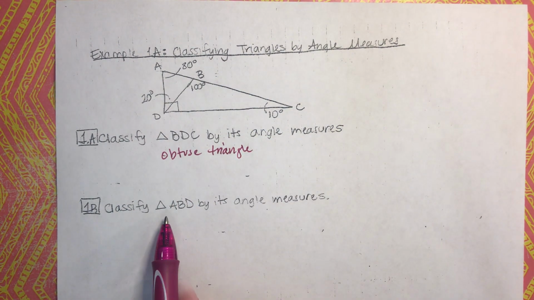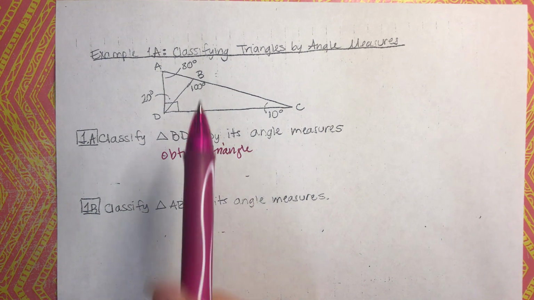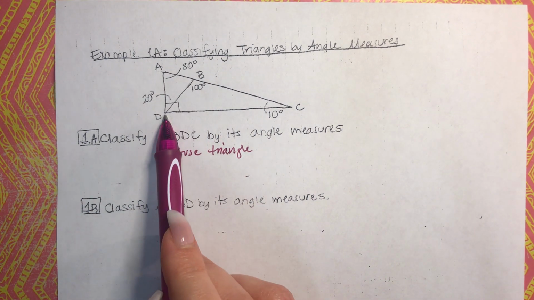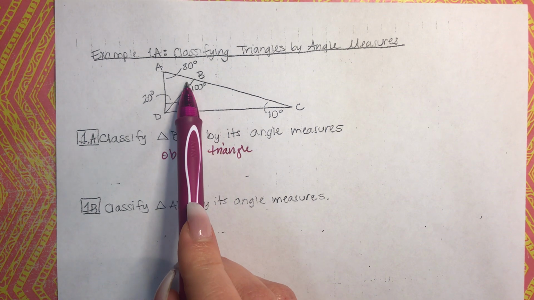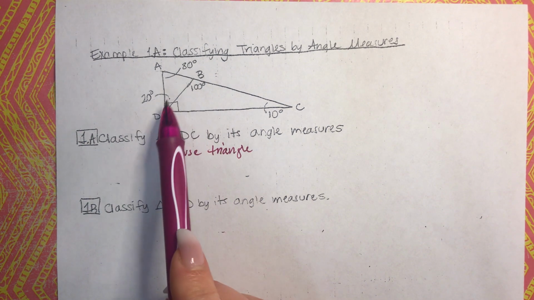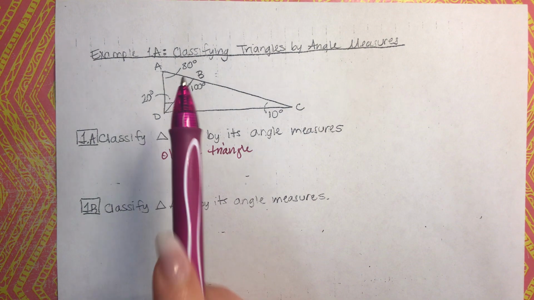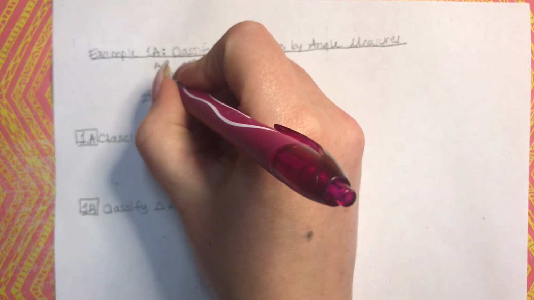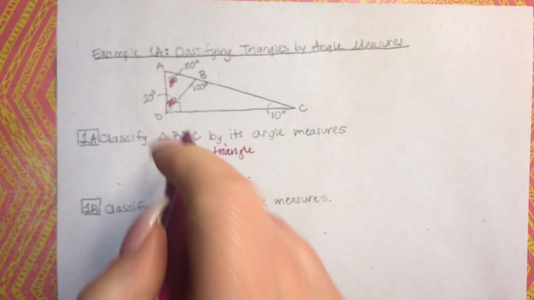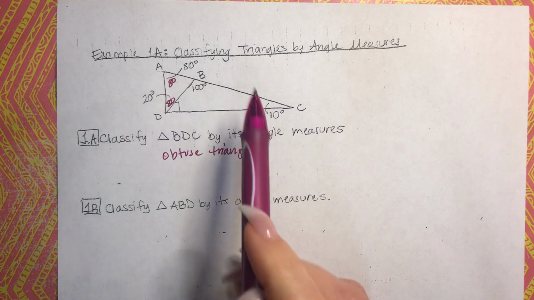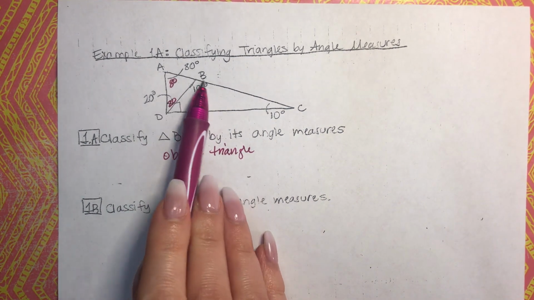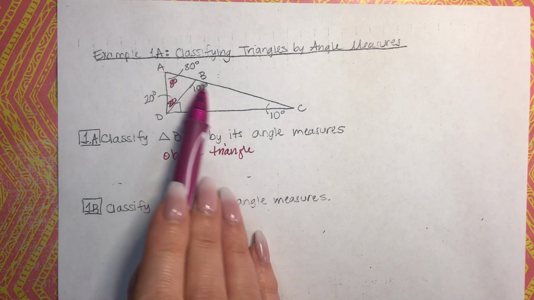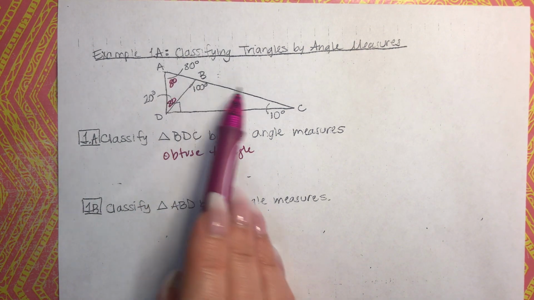Okay, now let's classify ABD. So what do we have? We have an 80 there. We have this angle here that we don't know, and then this here is 20. Now, if you see there's a linear pair here, we know this one's 100, but it's a straight line, so we know the whole thing's 180 degrees.